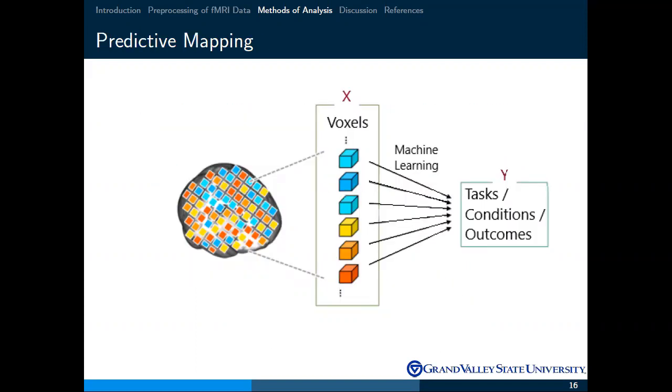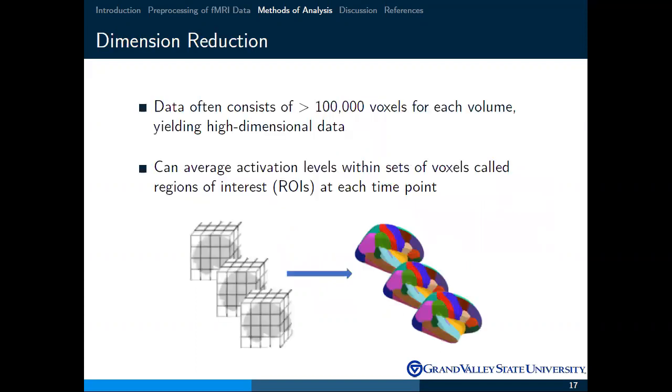So some analyses are done keeping data at the voxel level in this very high dimensional format. But what can be helpful is to reduce this dimensionality by aggregating or averaging voxel signals into what we call regions of interest, or ROIs, as they're referred to in fMRI analysis.